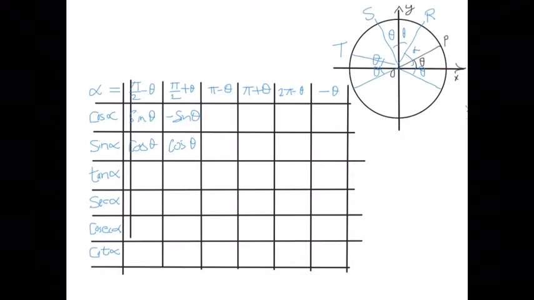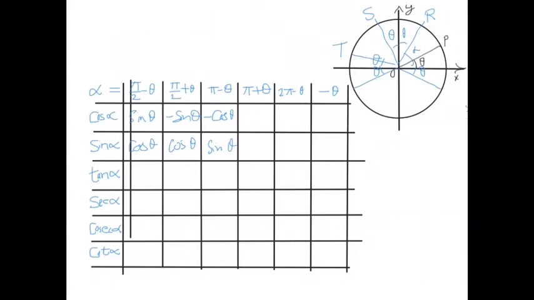Therefore, we could say that cos alpha here is equal to minus cos theta, and likewise sin alpha is the projection of line segment OT on the y-axis, which is on the positive side, and its absolute value is same as the projection of line segment OP on the y-axis, which is also positive. Therefore, we can say that sin alpha is equal to plus sin theta.